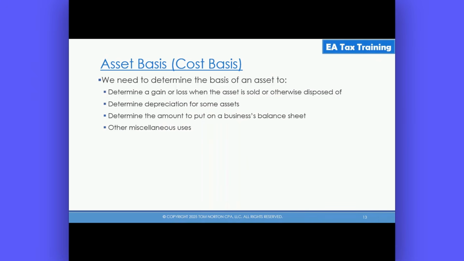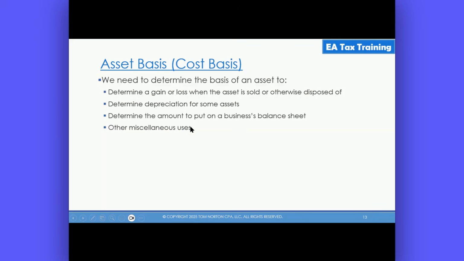It also helps us to determine depreciation. When businesses have assets that can be depreciated, they depreciate that asset based on its basis. We also need to know the basis to determine the amount to put on a business's balance sheet.